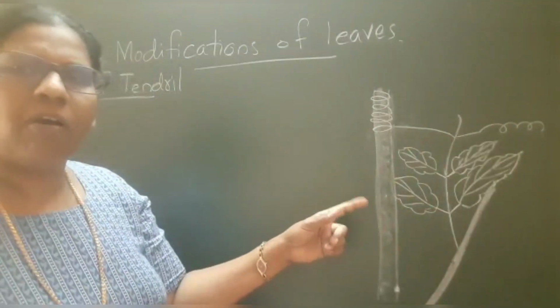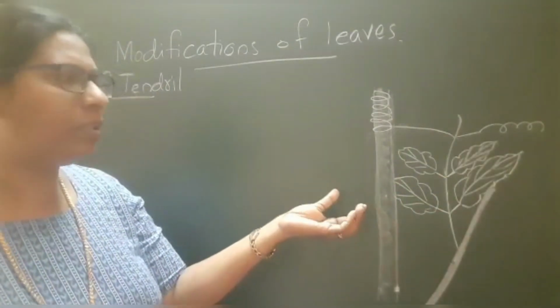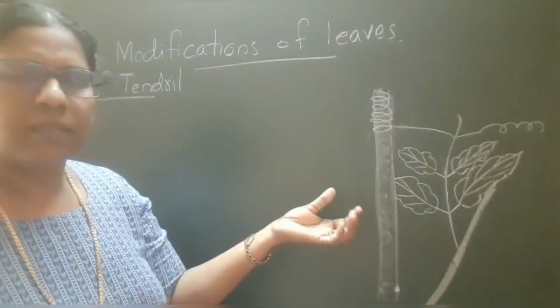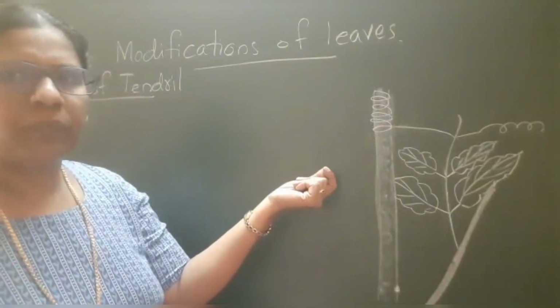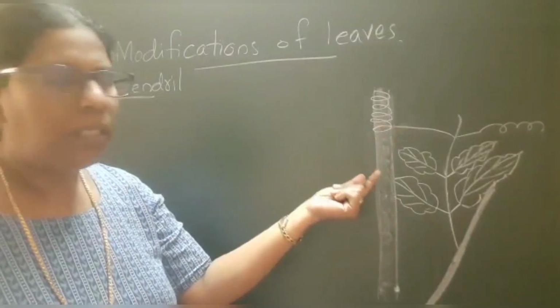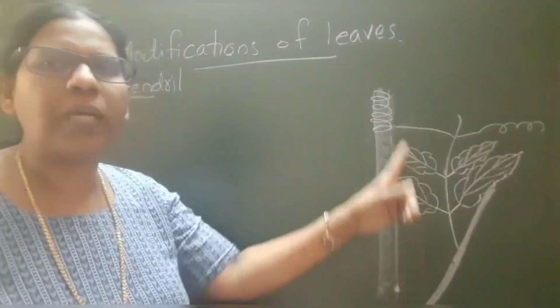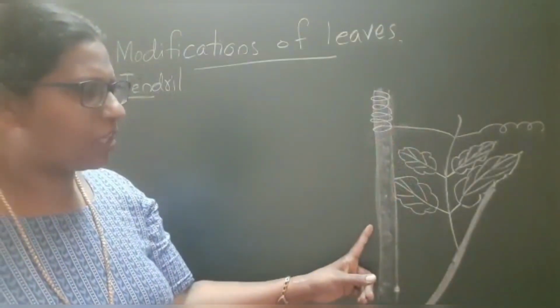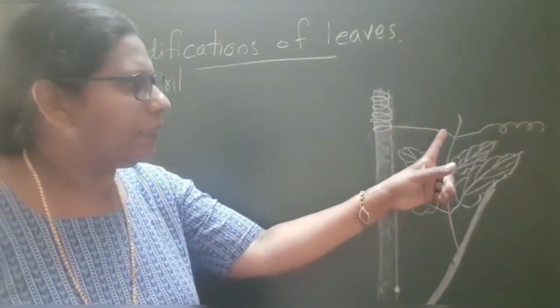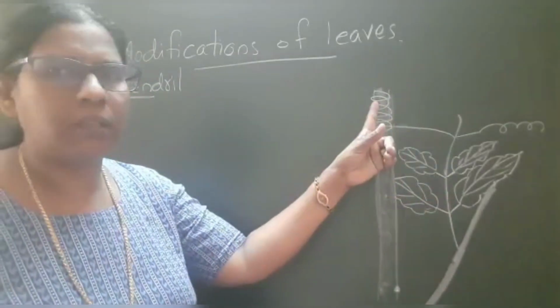Either the whole leaf or the leaflets are modified into leaf tendril to support the plant to climb up. Whichever object it touches, it coils around it.